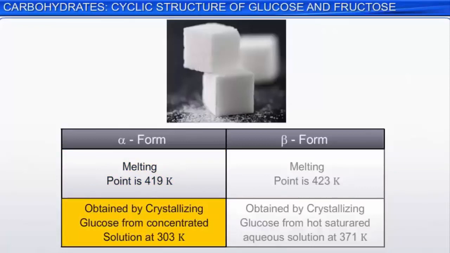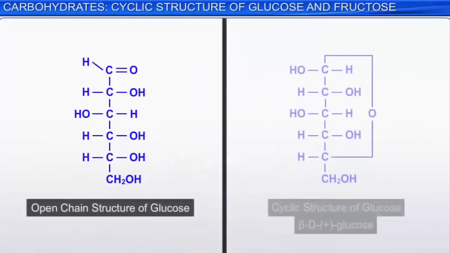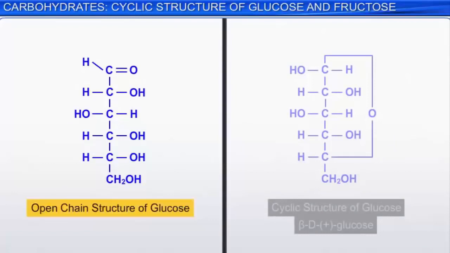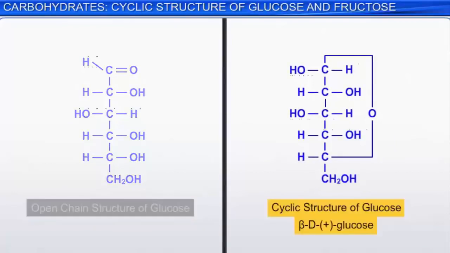The beta form has a slightly higher melting point of 423 Kelvin. It is obtained by crystallizing glucose from a hot, saturated aqueous solution at 371 Kelvin. In order to explain these observations, which are not consistent with the open chain structure, a ring structure was proposed for glucose.